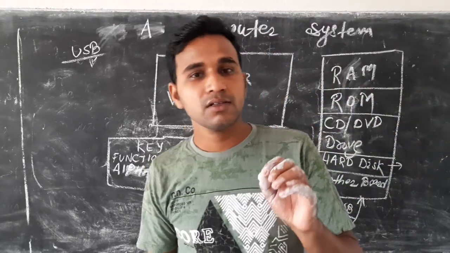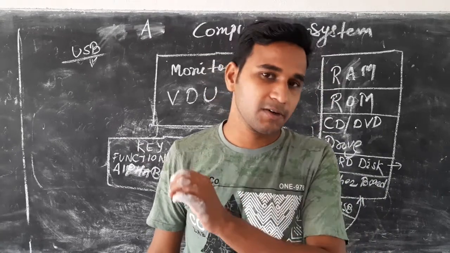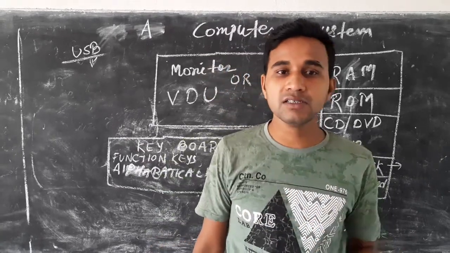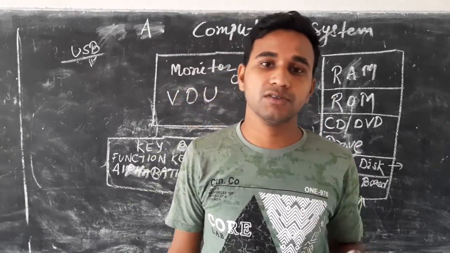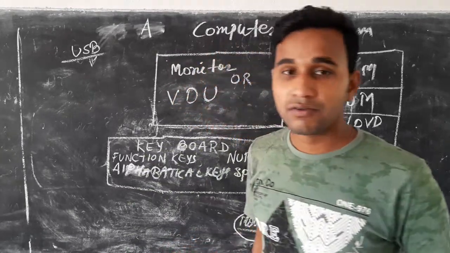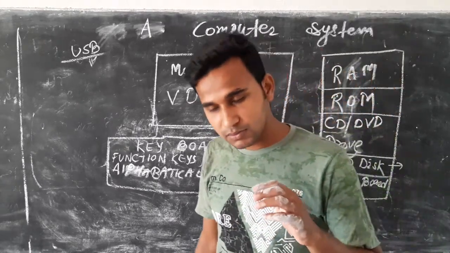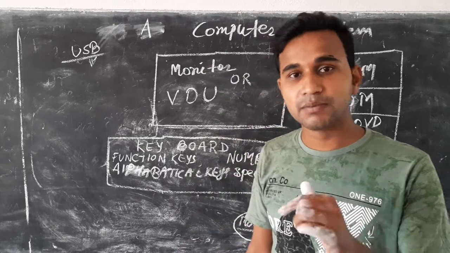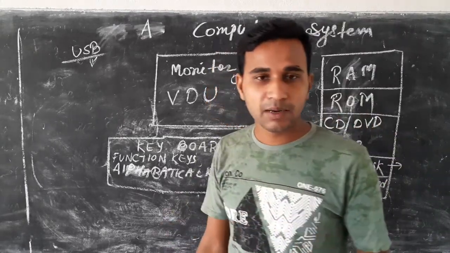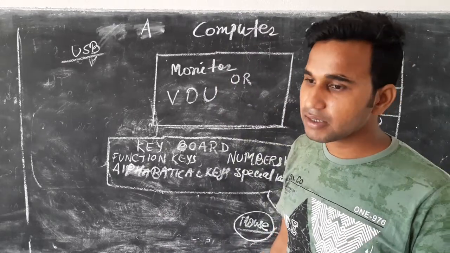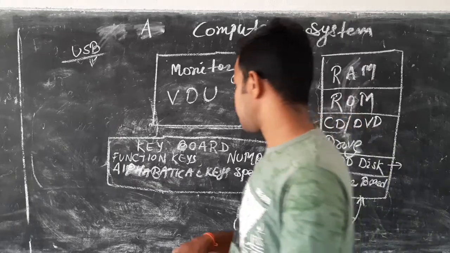When you listen, "click on start button", that means click the left button of the mouse. When we click the right button, we directly say click right button, but when we say click on start button, we mean the left button of the mouse.